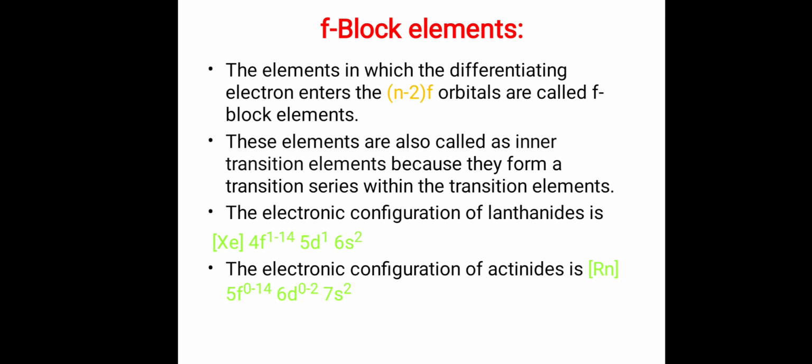The electronic configuration of the lanthanides is xenon 4f1 to 14, 5d0 to 1, 6s2, and the actinide series is radon 5f0 to 14, 6d0 to 2 and 7s2.